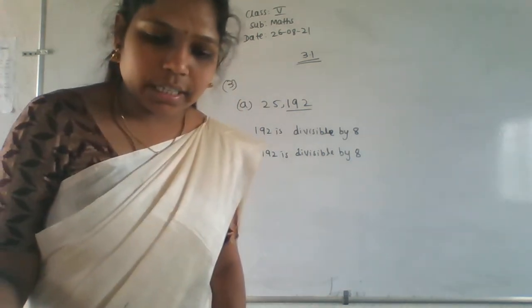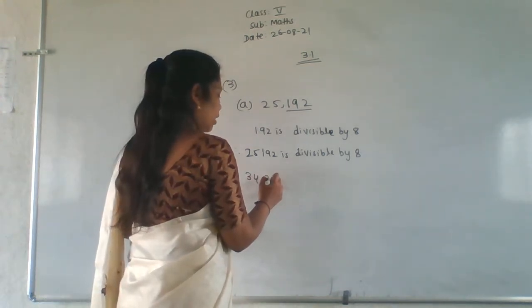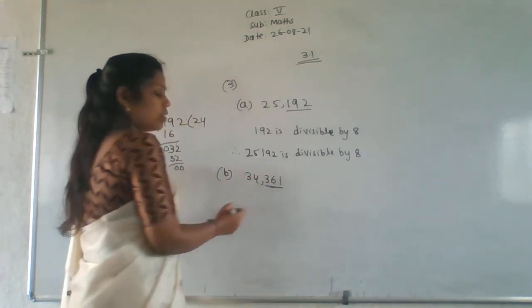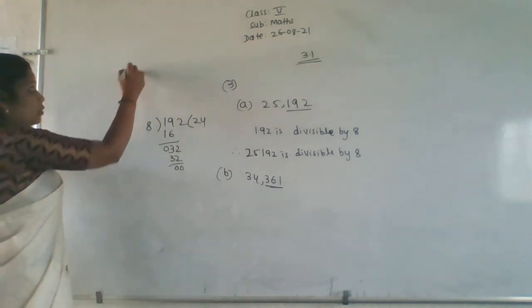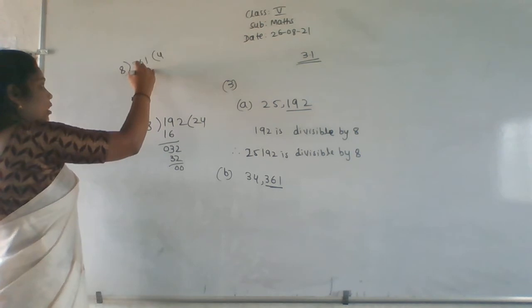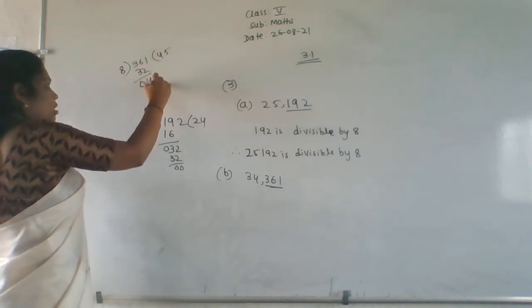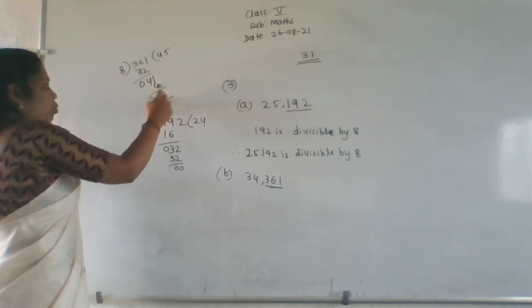Same thing, check for the b-th one also. What is the b-th question here? 34,361. What are the last 3 digits? That is 361. Divide by 8. 8 4s are 32. Here 4 left, 0, 1. 8 5s are 40. So 1 is the remainder.